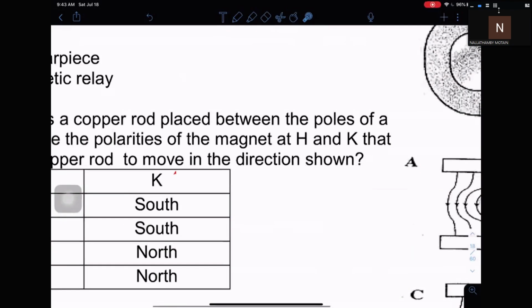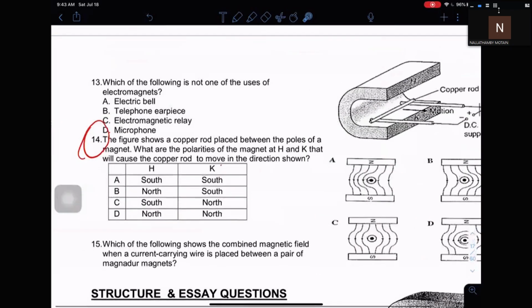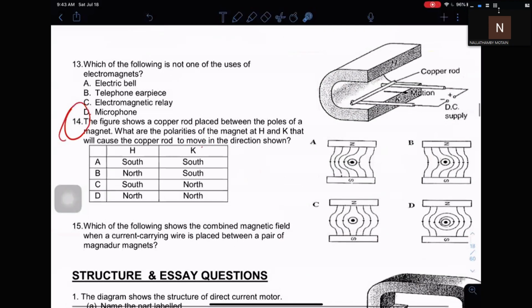Okay, then we come to the next one, question number 14. Normally they'll ask for the force, but here they ask in the reverse way. The figure shows a copper rod placed between the poles of a magnet. What are the polarities of the magnet at H and K that will cause the copper rod to move in the direction shown?